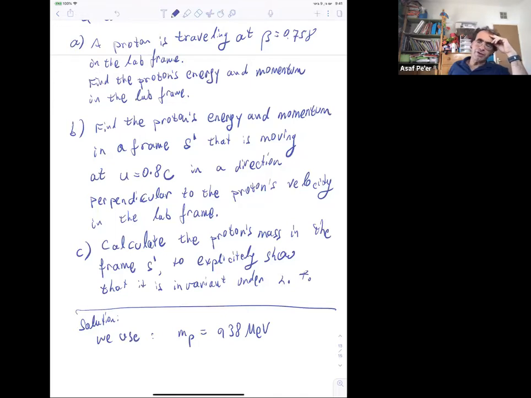Without loss of generality, and to save us a lot of trouble, we're going to assume that the proton is moving in the y direction and that the S prime frame is moving in the x direction. We were told that in the lab frame the motion of S prime is perpendicular to the motion of the proton.